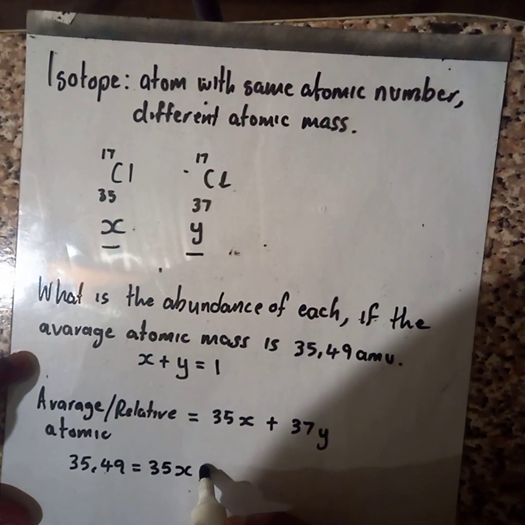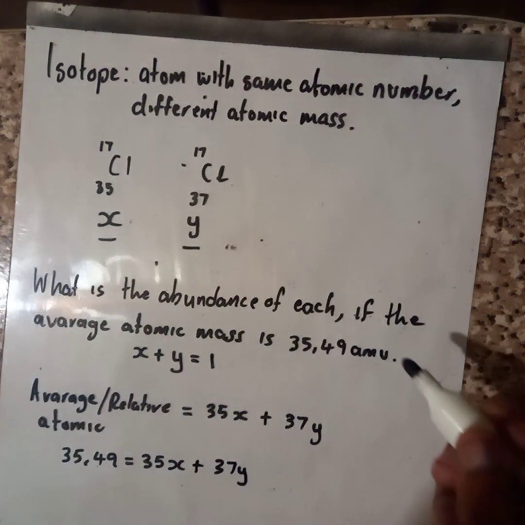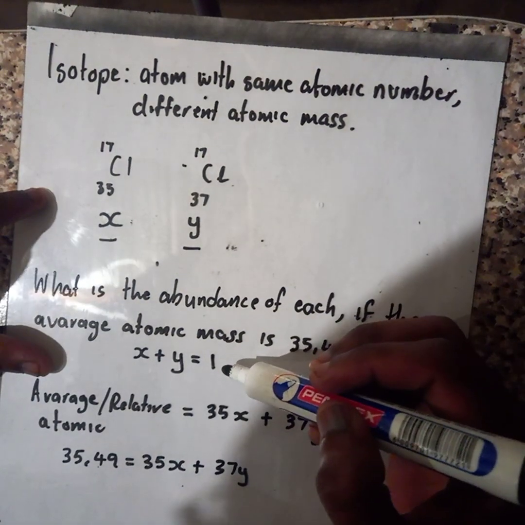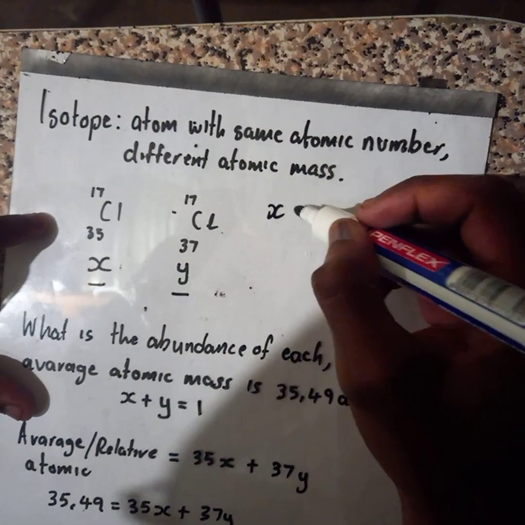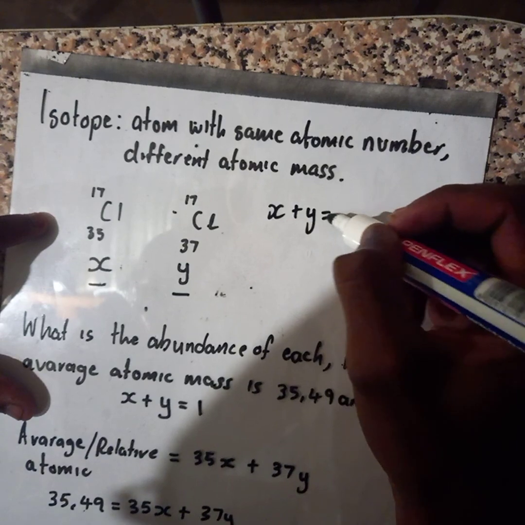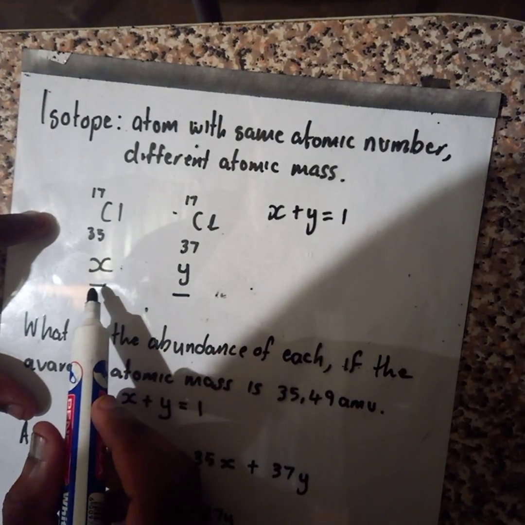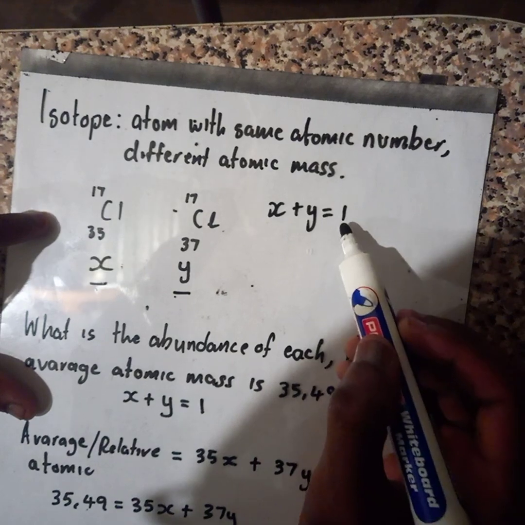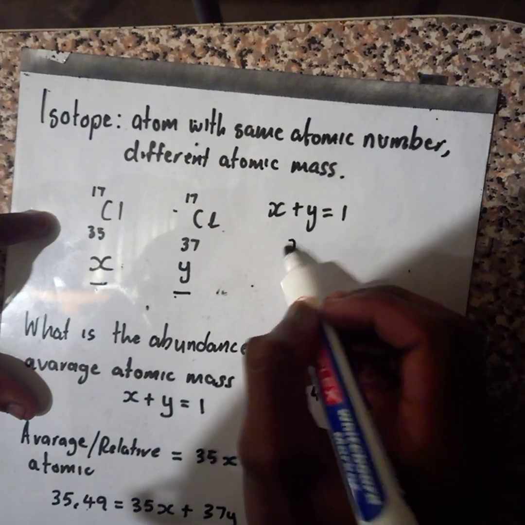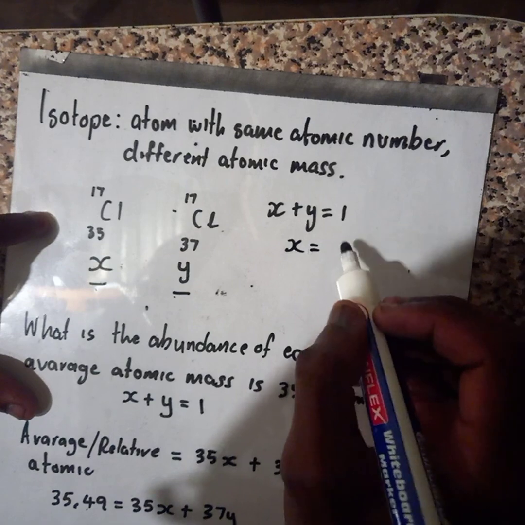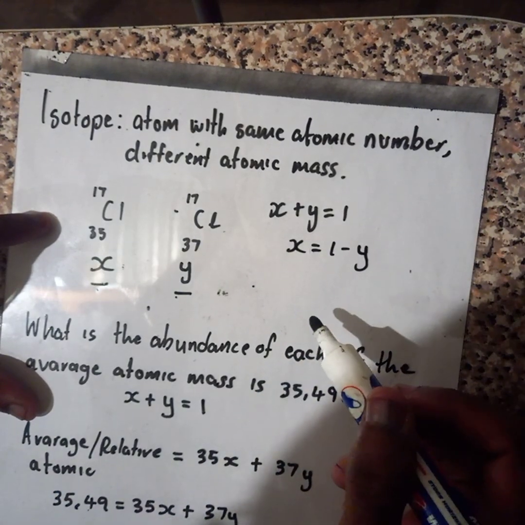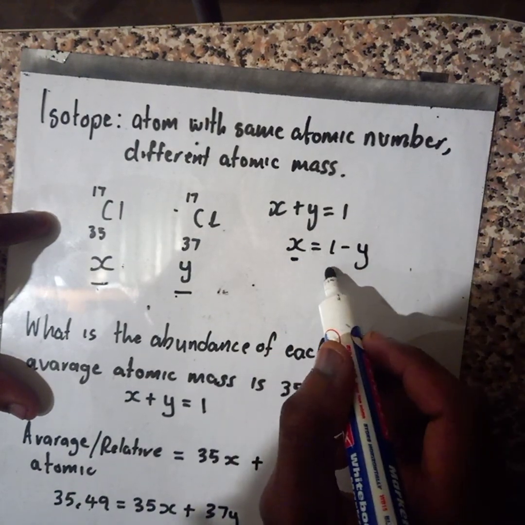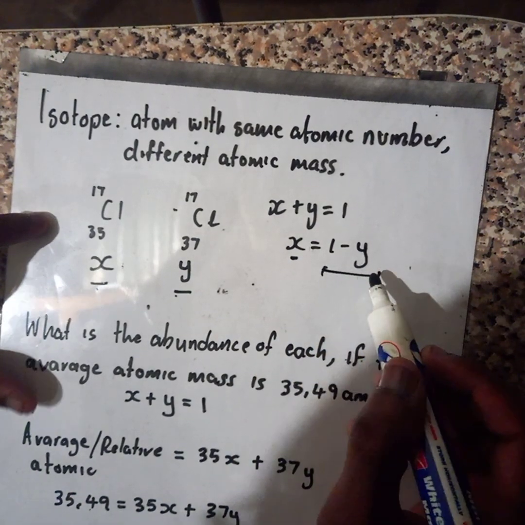Since the percentages must add to 1, we take y to the other side: x equals 1 minus y.